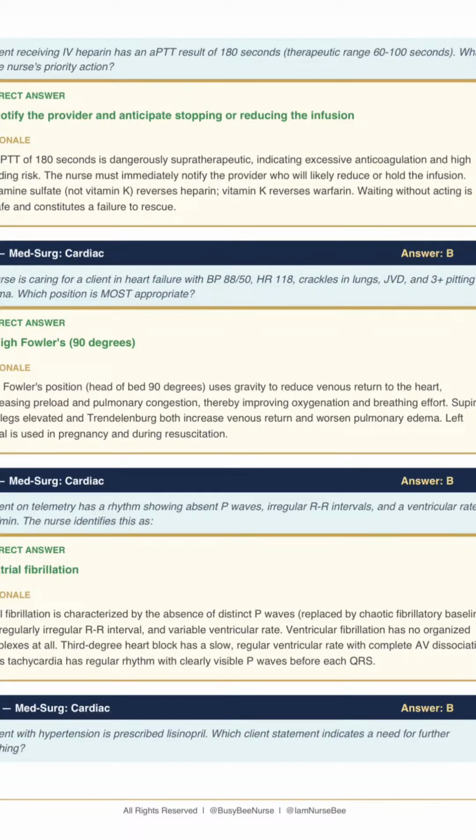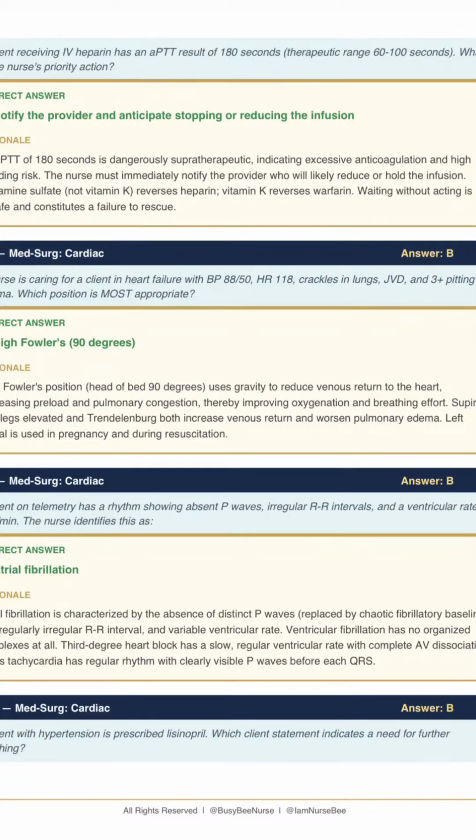But yeah, guys, NCLEX is hard. I'm not going to lie to you. So please make sure you're taking it very seriously, studying wise. It's very important. The test is no joke.